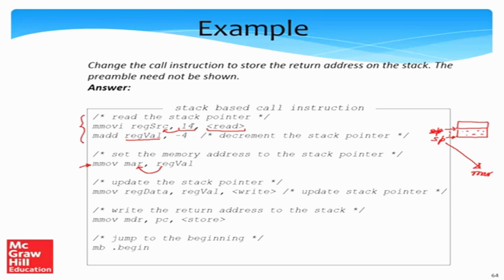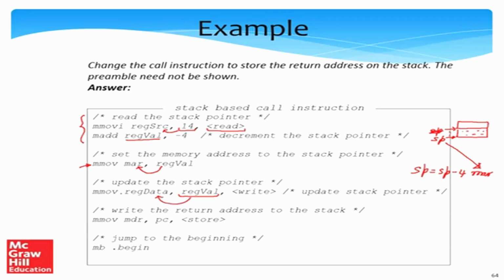Since 14, the ID of the SP register, has been stored in reg source, and we have not changed reg source subsequently, the value 14 will remain. Reg val has been updated with the madd instruction, where we have computed the new stack pointer, old SP - 4. So this value will be written back.